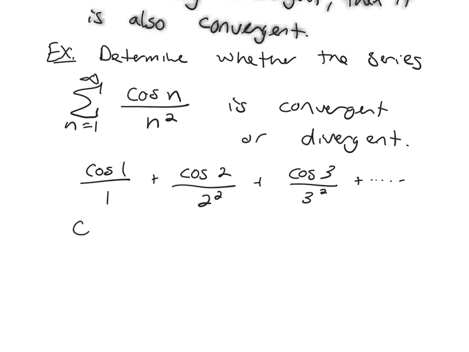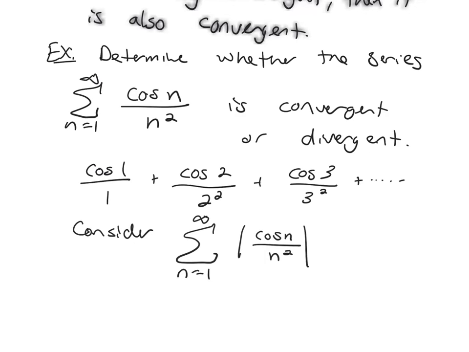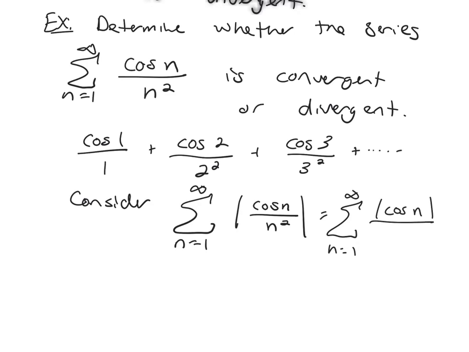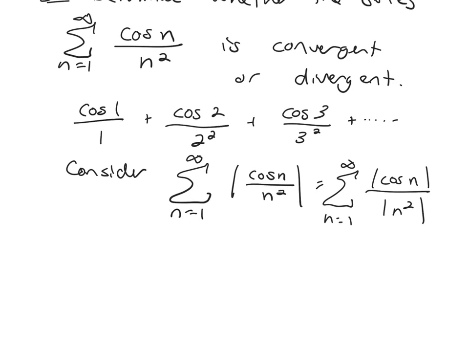So let's consider this series here where I take the absolute value. The way the absolute value works, I split it up into the absolute value of the numerator and the absolute value of the denominator, but the denominator is positive, so I can just forget about the absolute value in the denominator.